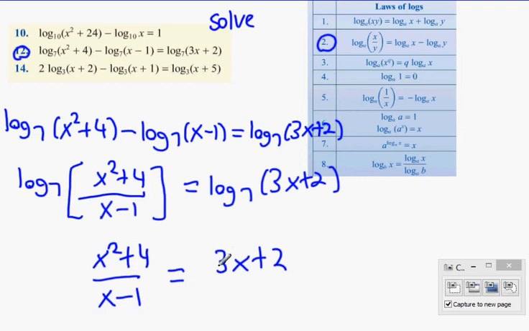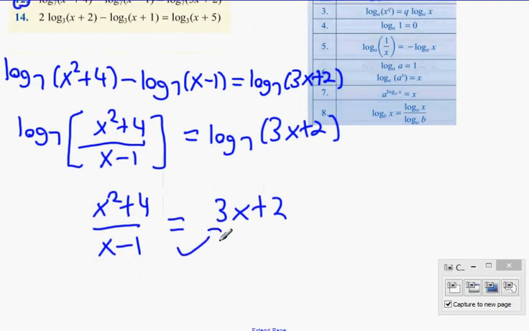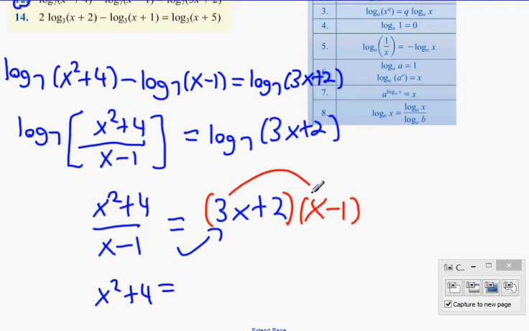What we're going to do next is cross multiply. We're going to get x squared plus 4 equals, that x minus 1 is going up here, now we're going to multiply it out, 3x squared minus 3x plus 2x minus 2.